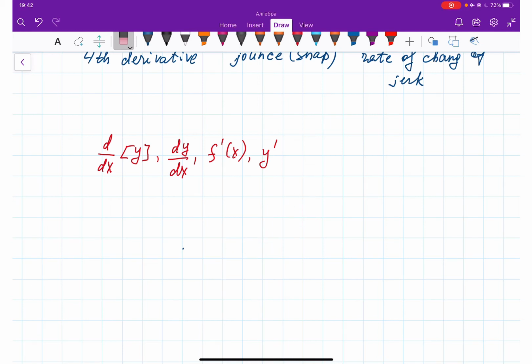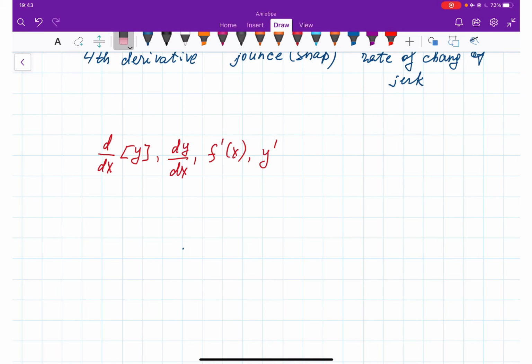All right, so let's learn the very first rule. I'm going to cover basic derivatives, basic rules for derivatives. Okay, first it's going to be the derivative of a function using the constant rule.